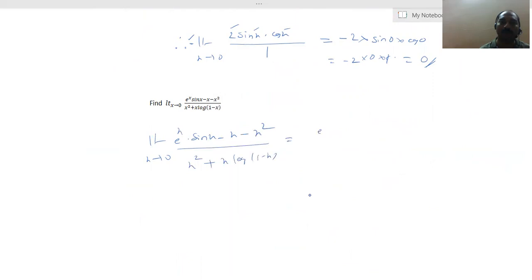Substituting x as 0: e power 0 is 1, sin 0 is 0, so the numerator is 0. In the denominator, 0 plus 0 times log 1, which is also 0. So 0 by 0 is an indeterminate form.